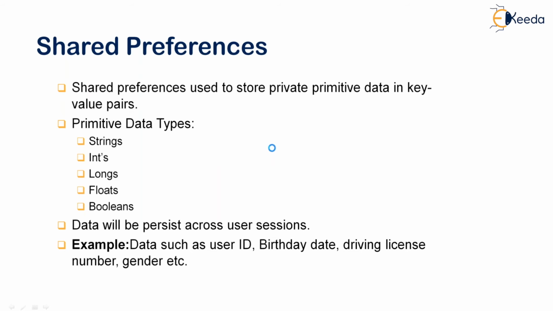The same way, there will be first name, last name, and age. Here the keys are age, first name, last name. The values are the value of the first name, the value of the last name, and the age value. That is how it stores the data in primitive data types.